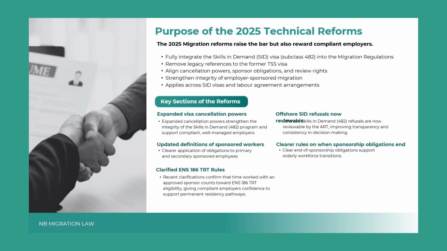Okay, clearer application of obligations to primary and secondary applicants. As I said, listing the secondary applicant is really not that important under the sponsorship. The only issue is if they are husband and wife and they need to be repatriated back to the home country, then you would be required to pay for the secondary applicant's repatriation as well.